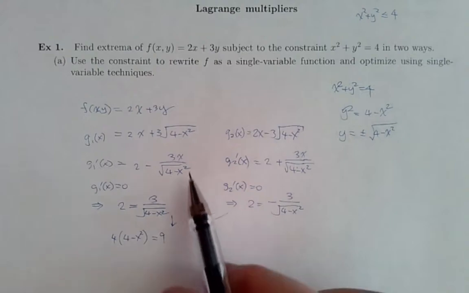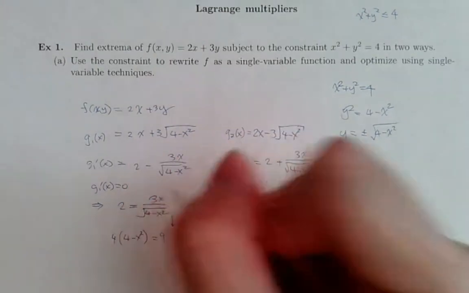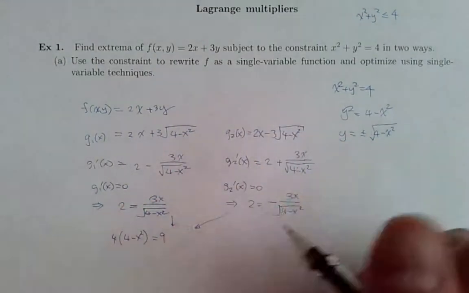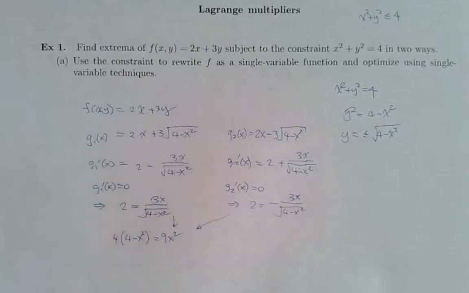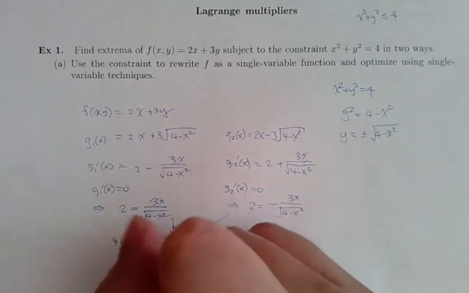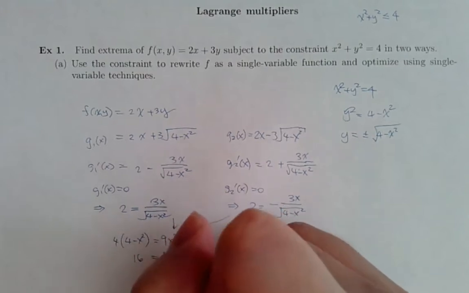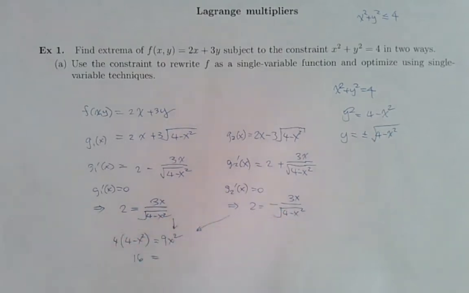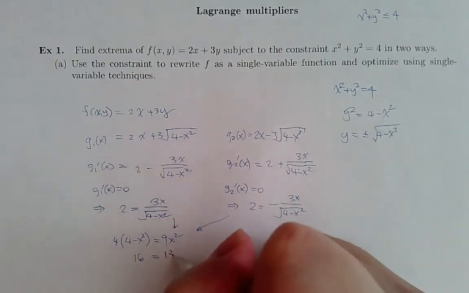So then there's an x there, so that's 9x squared. This looks better because I would prefer to solve this one. This one simply says that 16 is equal to, I better do this right, 13x squared.